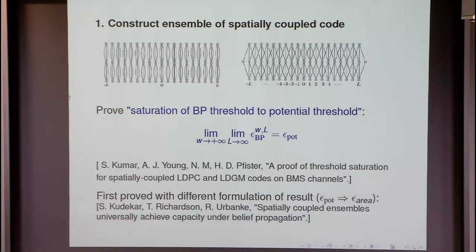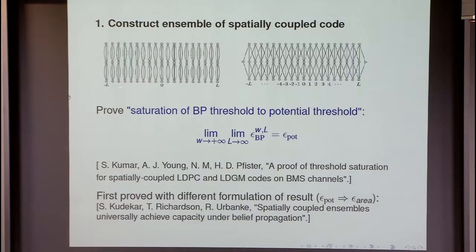And because they are known, the belief propagation decoder is good at decoding, and there is a decoding wave that propagates through the system.